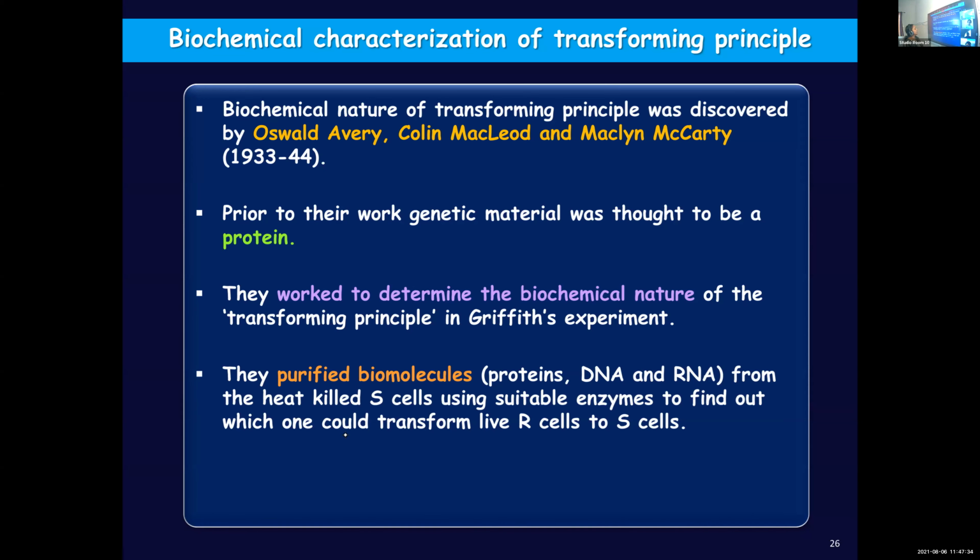The 3 scientists who carried out the experiments include Oswald Avery, Colin McLeod and Maclyn McCarty. Earlier, it was assumed that the genetic material could be a protein. Then the 3 major biomolecules, DNA, RNA and proteins, were separated out from heat-killed S strain bacteria using enzymes, and then they conducted experiments to find out which among these caused this transformation.